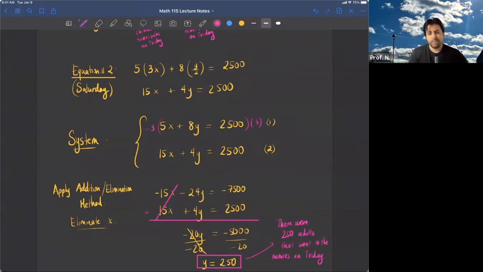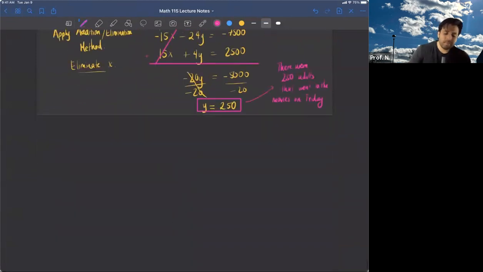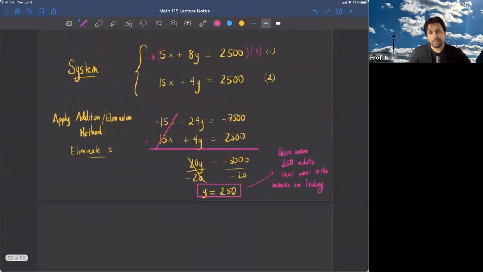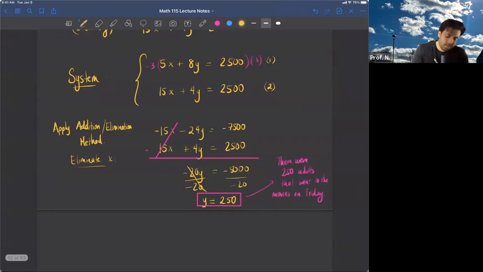We want a number of not adult tickets, but children tickets. So then how do I find that? I want to find X. How do I find X? Anybody? I got Y. How do I find X?